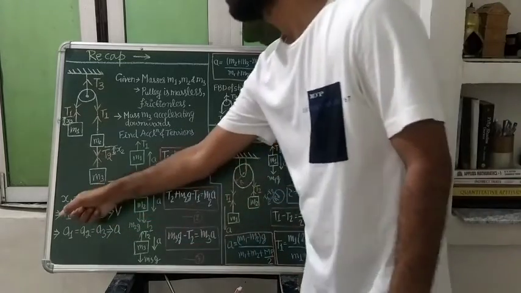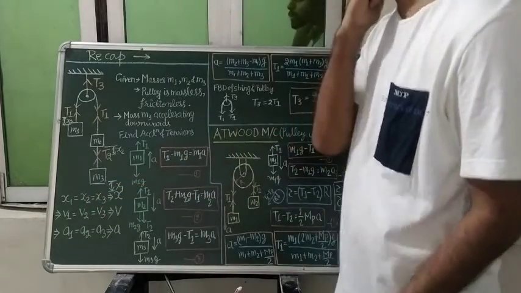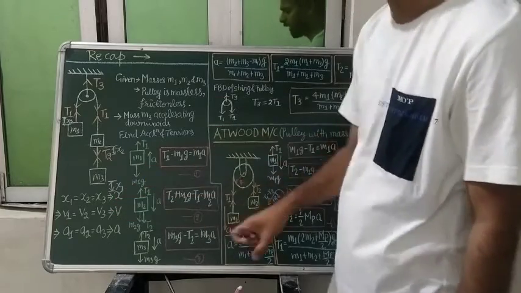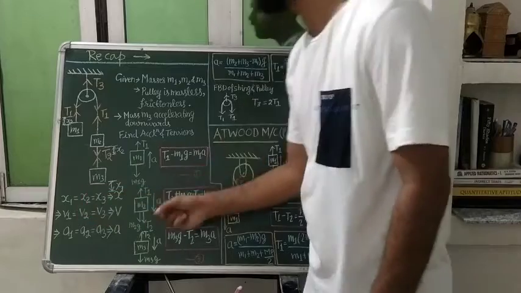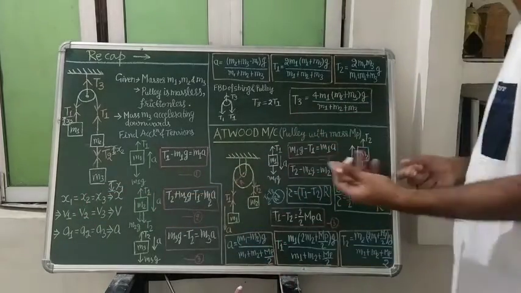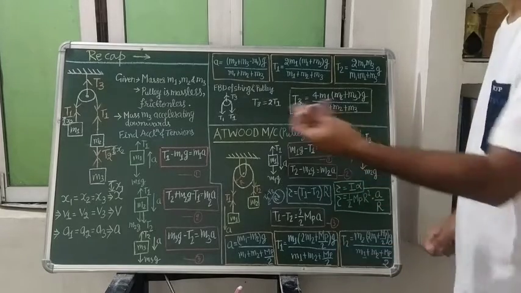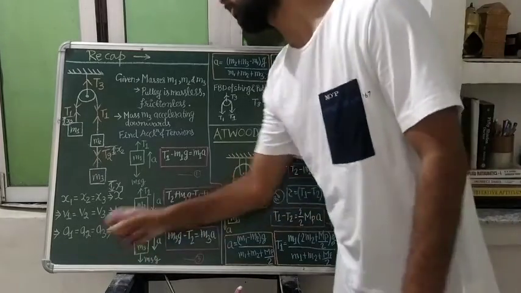We are saying x1 is equal to x2 is equal to x3, the same distance, which is equal to x, and the velocities will also be the same. When we differentiate again, the change in velocity divided by change in time will give us acceleration.